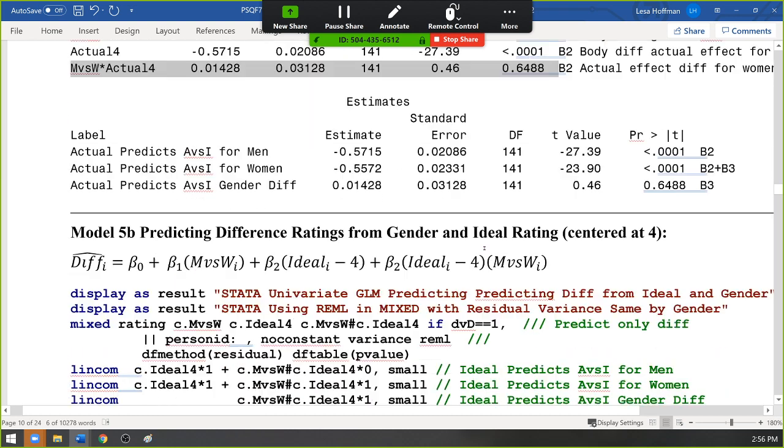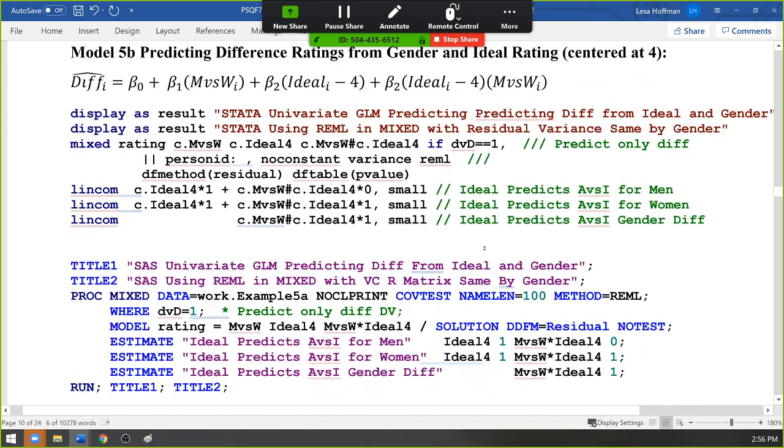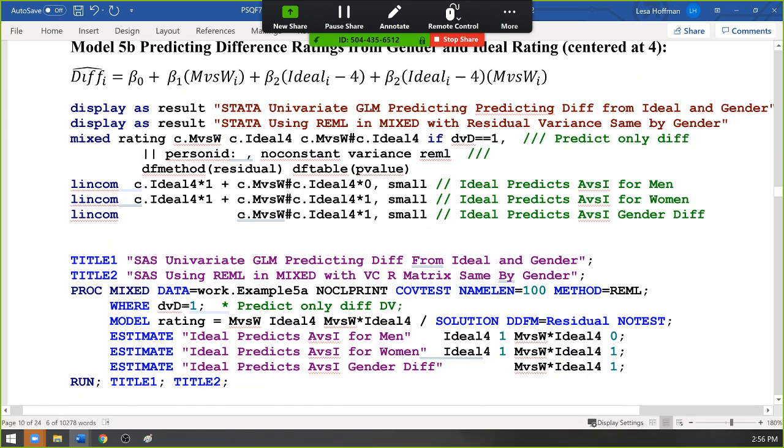We can do the same thing for ideal, where I put in ideal here instead of actual. Could I put a model together where I have both actual and ideal predicting the difference simultaneously? Nope, it's redundant.